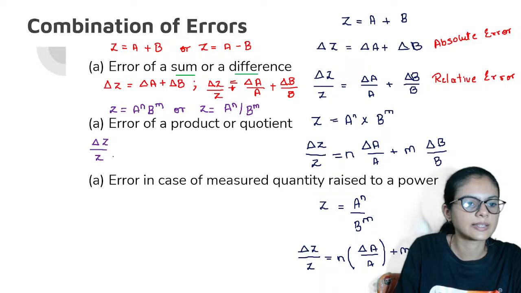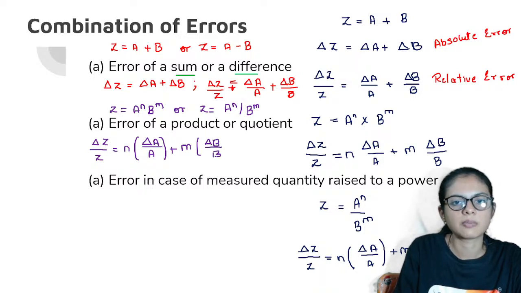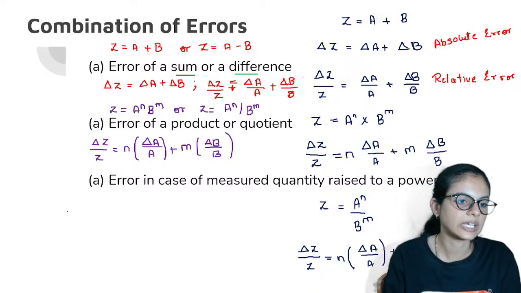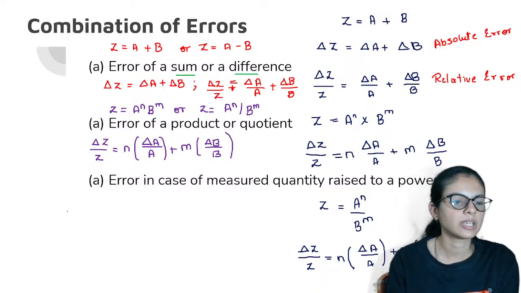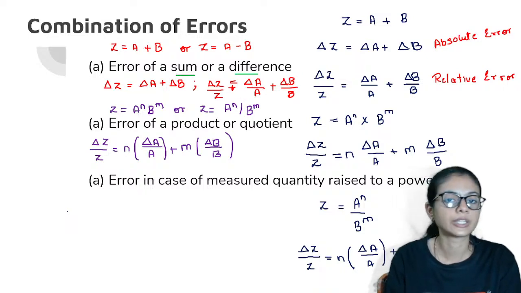Delta z by z equals n into delta a by a plus m into delta b by b. So this is the method. So error in case of powers, we have seen it, right? A power n, b power m are nothing but powers.